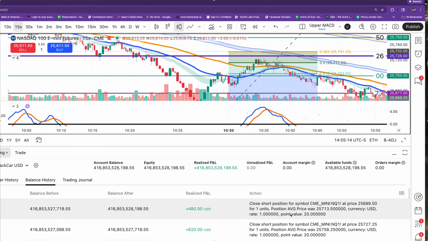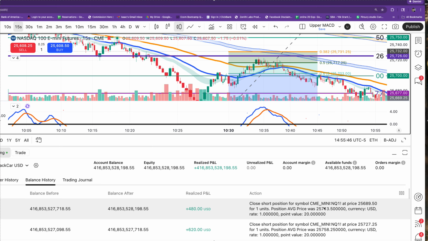Maybe it was this one. 7:13:50. Yeah, that was it. Okay, 7:13 right here. 7:13:50. That's what time. It doesn't show the entry time. It just shows the entry price.